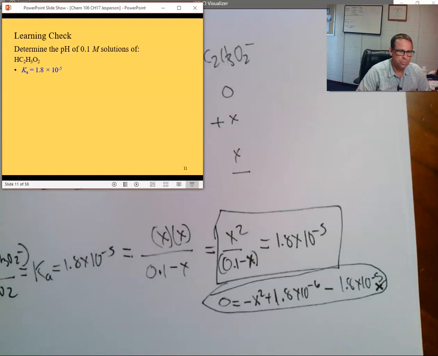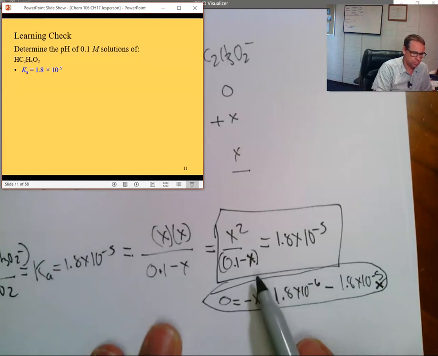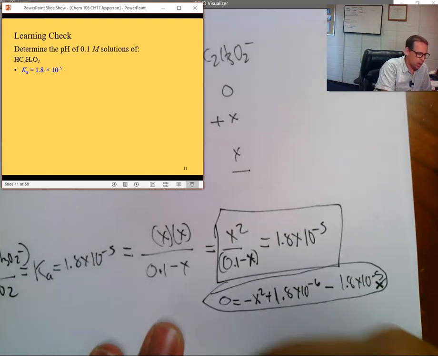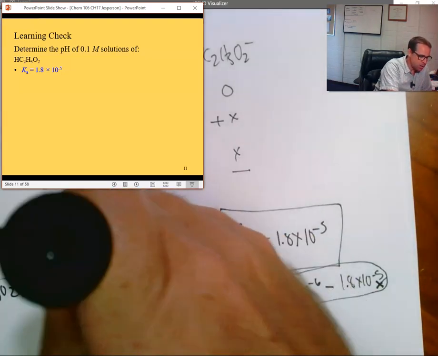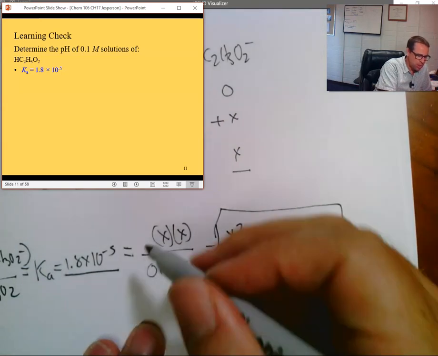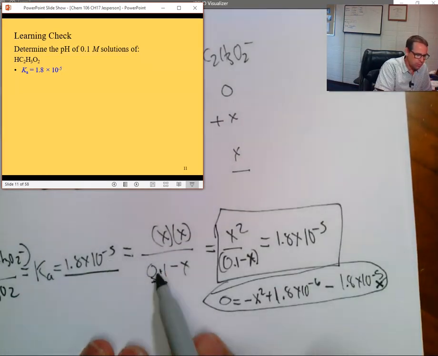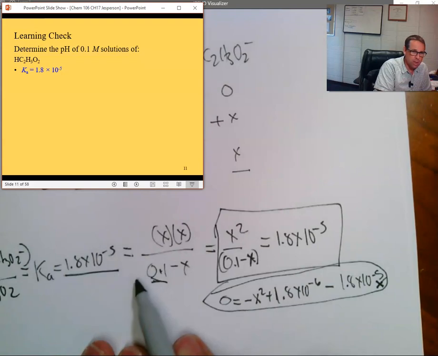So you can just get rid of the minus x on the bottom because Ka is so small. All right. So because this value is so small compared to this value, 0.1, it's 4 orders of magnitude away from each other, right? And it just has to be like 3 orders of magnitude away from each other.